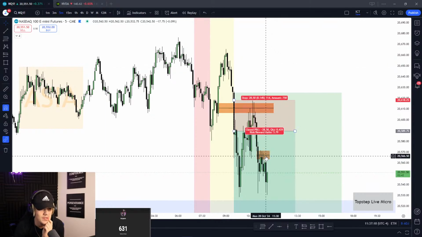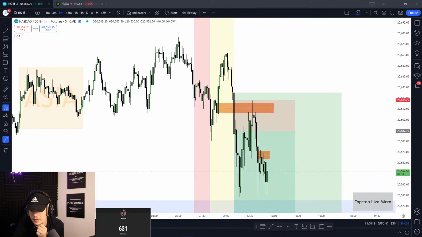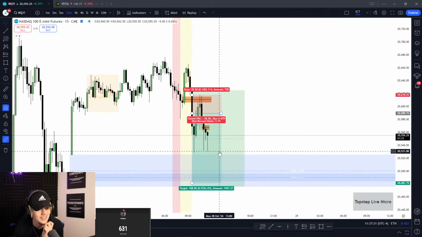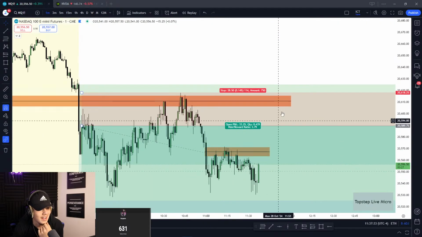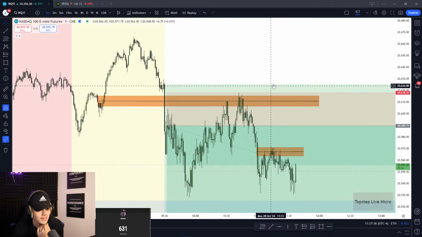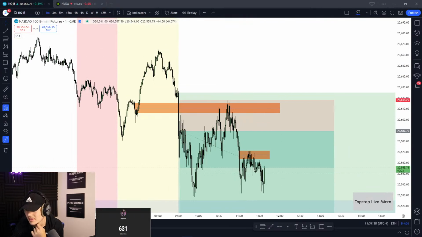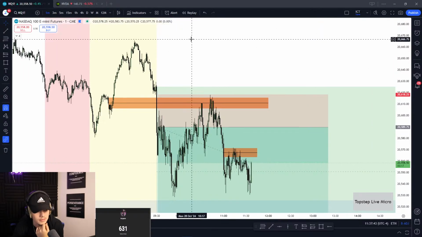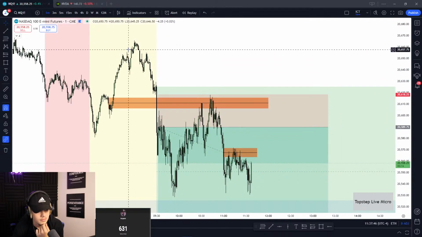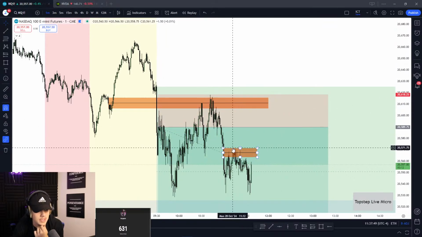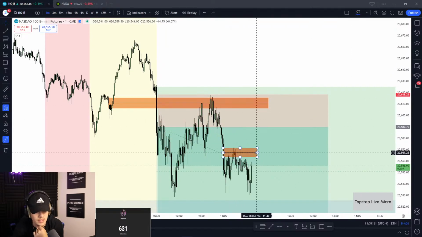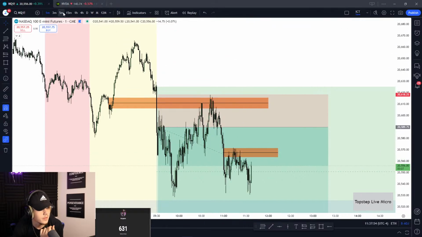I'm gonna drag my stop to in profit probably down to up here. Cause dude, I'm gonna be honest, I'm not in it for it to go all the way up here again and get stopped out at breakeven. I low-key want to close the trade now because it's about to rip. But I'm gonna put my stop at that high, just so it could trade into this one more time and then move lower.